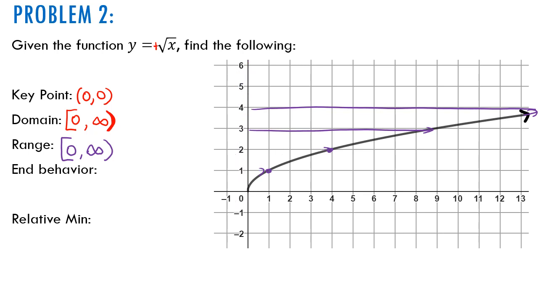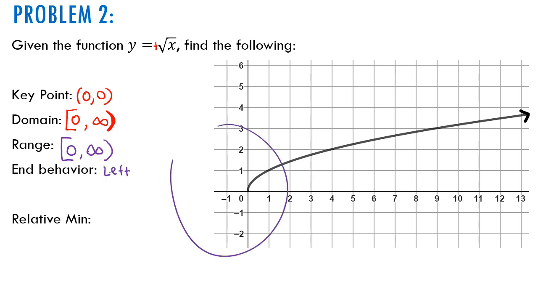All right, end behavior. End behavior is going to feel a little different this time. We're still going to use the same notation we've used throughout the entire year. We're first going to talk about the left side, that's this side over here. As x goes towards the left side, the x value we head towards is 0.